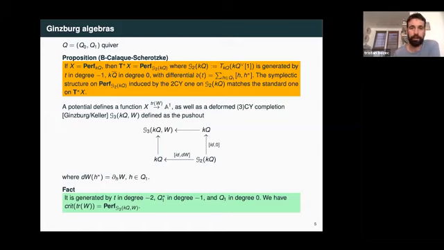Okay, so we can go further and try to understand critical loci, and we can consider as before a potential on a quiver. Again, let me recall the construction that Sarah mentioned, I believe, on Tuesday, which is that we can build the deformation of this Ginzburg algebra performing such a push out here.